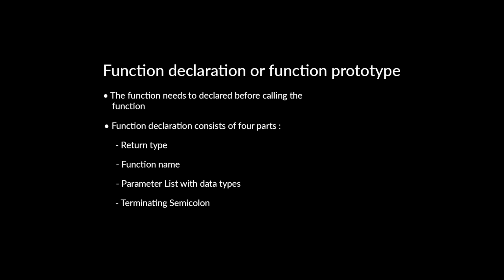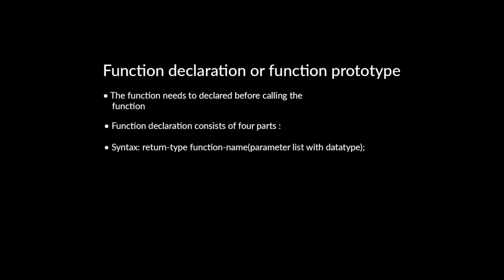The syntax is return type, followed by the function name, and inside the parenthesis we have the parameter list with the data type, and finally followed by the semicolon. For example, int subtract, in the parenthesis we have the parameters int a, int b. It can be more or it can be less also.